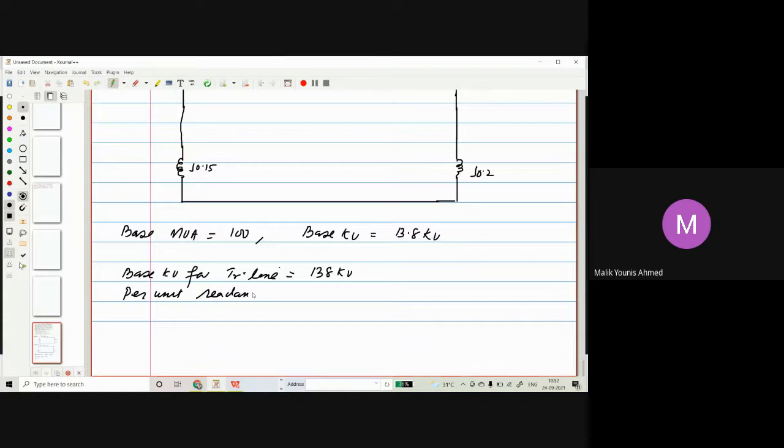So the per unit reactances of the generator: X1 will be 0.15 per unit, X2 will be 0.17 per unit, and X0 will be 0.05 per unit.